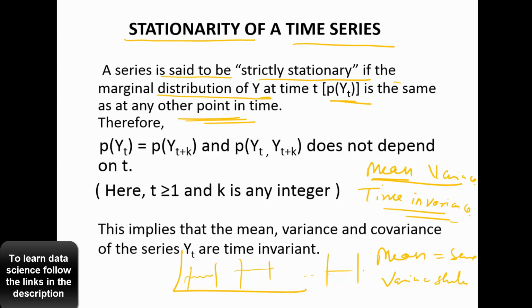Mean will differ and variance will also differ. So stationarity is one of the important criteria in time series modeling. All the models that we have seen, the AR model, MA model, ARMA, the requisite condition is that the series should be stationary. Otherwise, we cannot use these models.